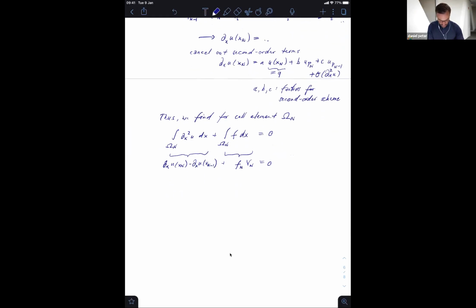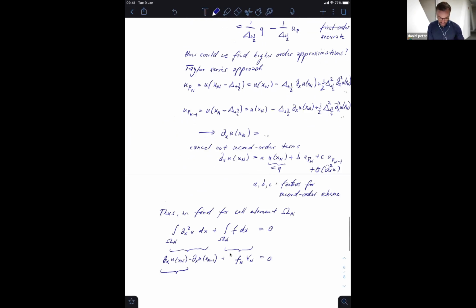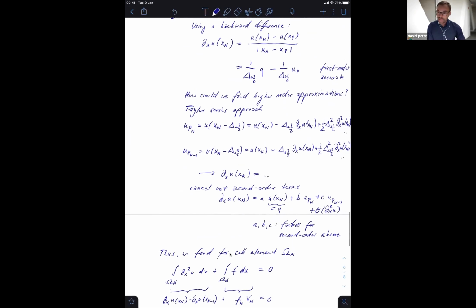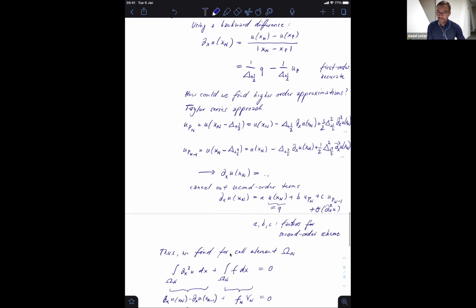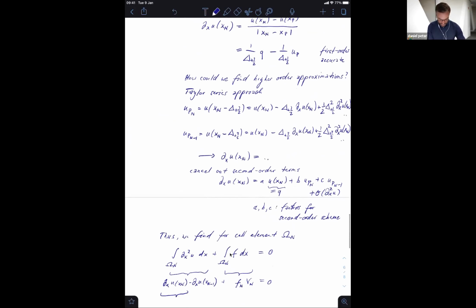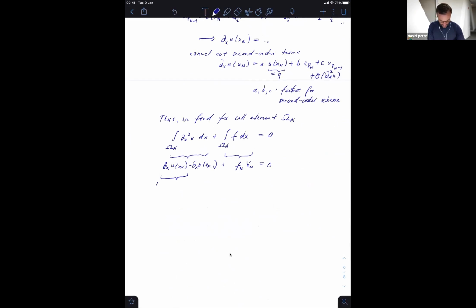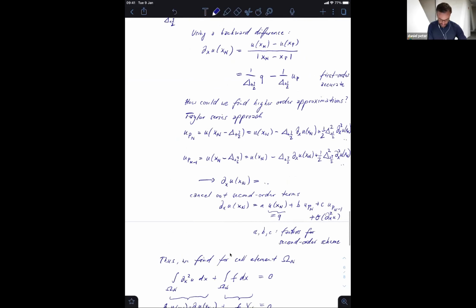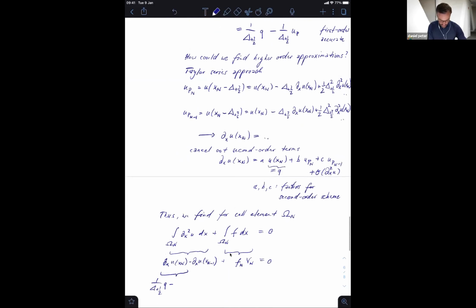And so this very first derivative here at xn, we approximate now with this backward difference scheme. So then we had this 1 over delta plus 1/2 q minus 1/2 up.